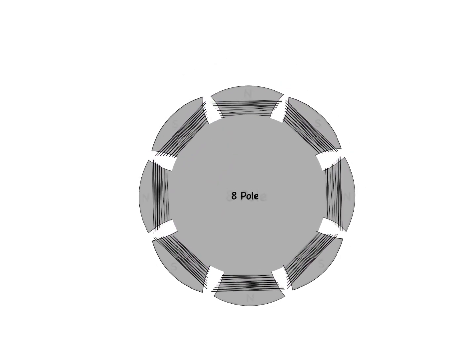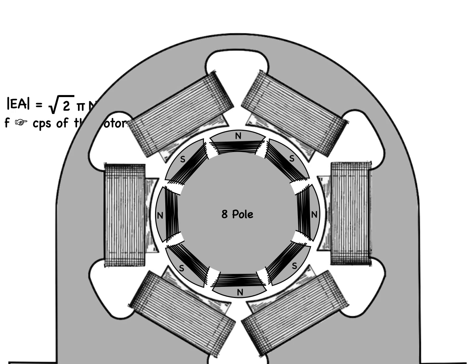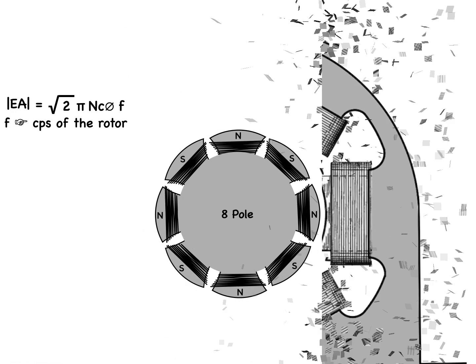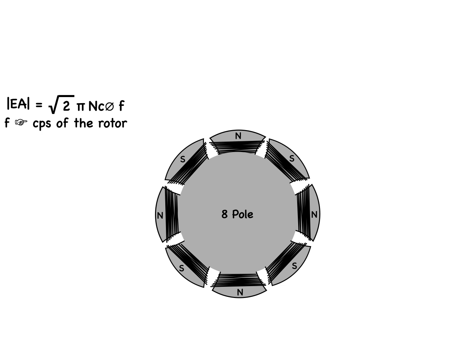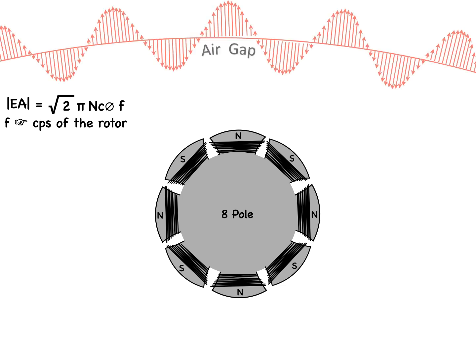I'm going to further simplify our machine by removing the stator. In reality, it's still there. I'm just taking it out of the picture now so we can more clearly see what is happening with respect to the rotor. You'll recall when we were looking at the air gap in a machine, the flux density varied sinusoidally along the air gap over the faces of the poles.